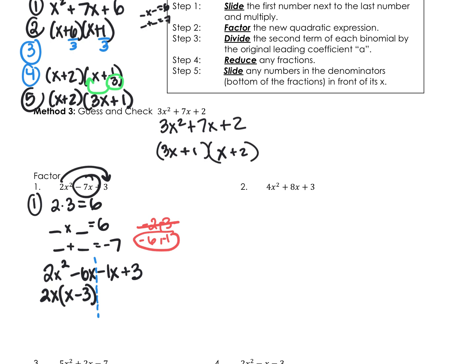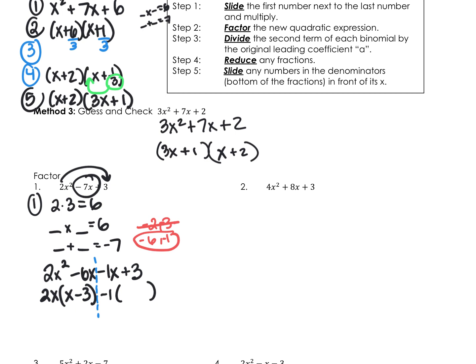On the right-hand side, do these have a common factor? No. So when they don't have a common factor, you're just going to pull out 1, because everything has a common factor of 1. But if you remember, when there's a symbol in front of this number at the beginning, I told you to pull that number out with your greatest common factor. So we're going to pull out a -1 as our GCF here, because the only common factor is 1, and there's a negative sitting in front of that.